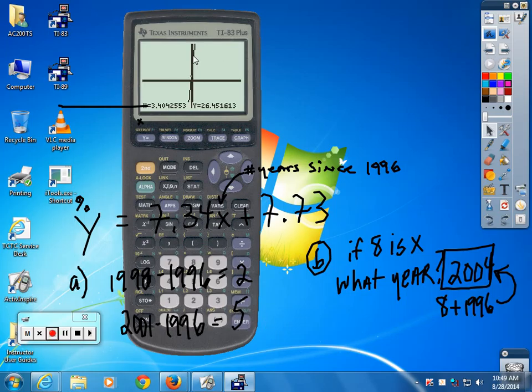You see that it's not getting any better, because you're at 26 right here and 3. So let's look at the window again. The Y min is negative 133. So I'm going to do the first quadrant, and I'm going to say 0 here, and 0 here. Let's see what it looks like.